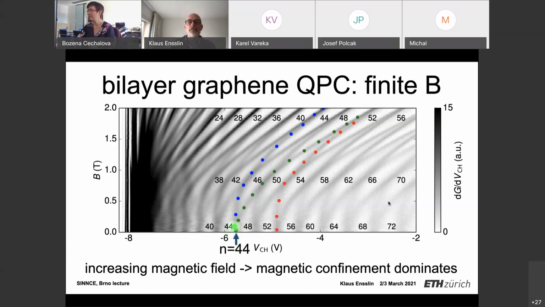You see this state splits up in the blue and the green one. And let's look where it ends up at high magnetic field. So the state n equal to 44 starts participating with state 40 and 48. So the state with a given quantum number at zero magnetic field has different quantum numbers at high magnetic fields. How is that possible? You see, you get plus or minus 4.